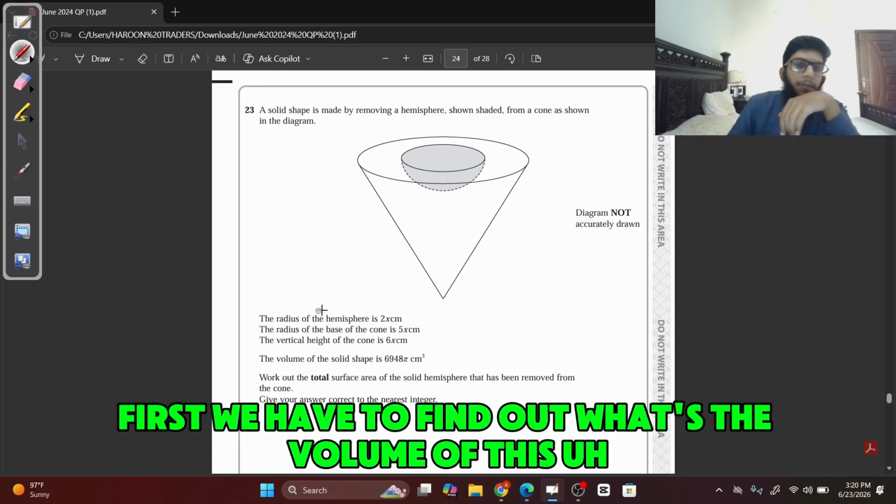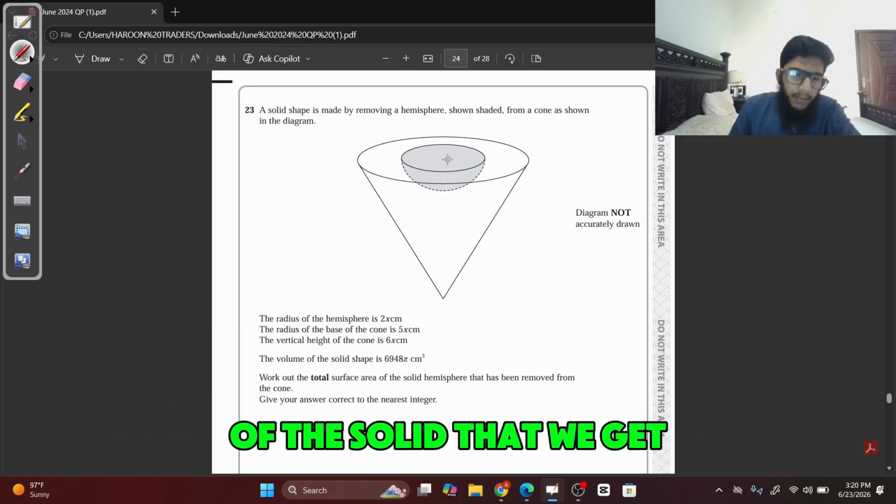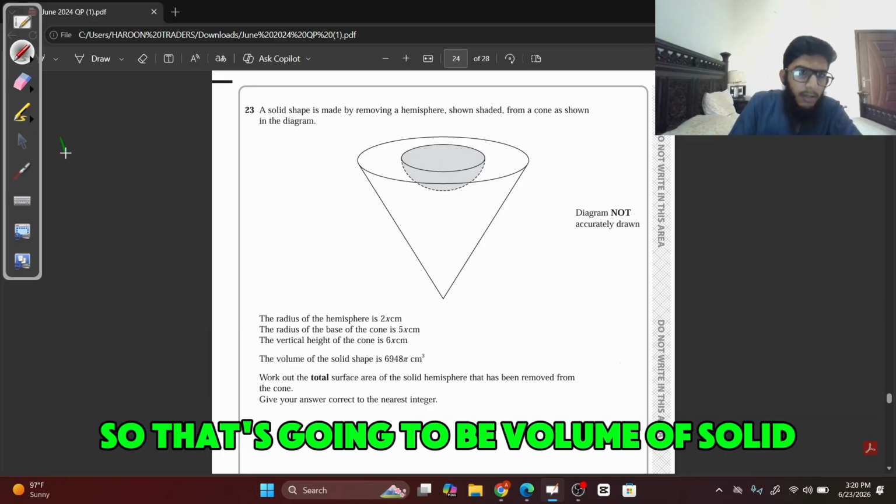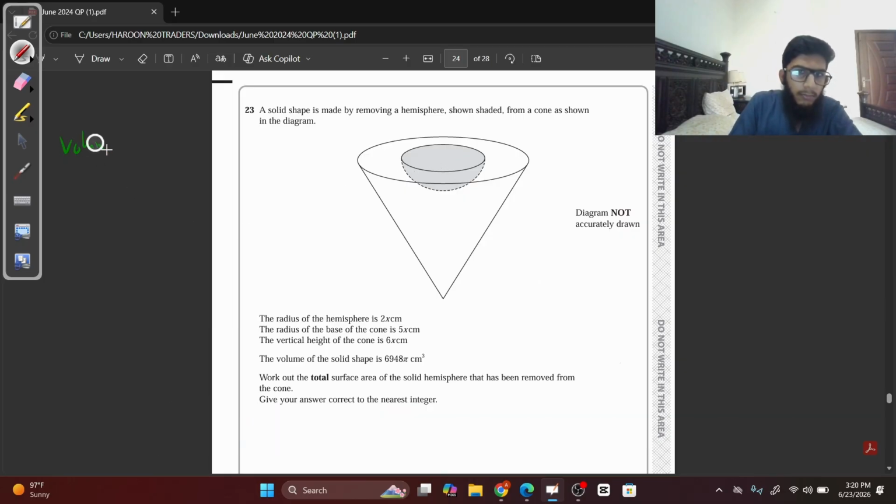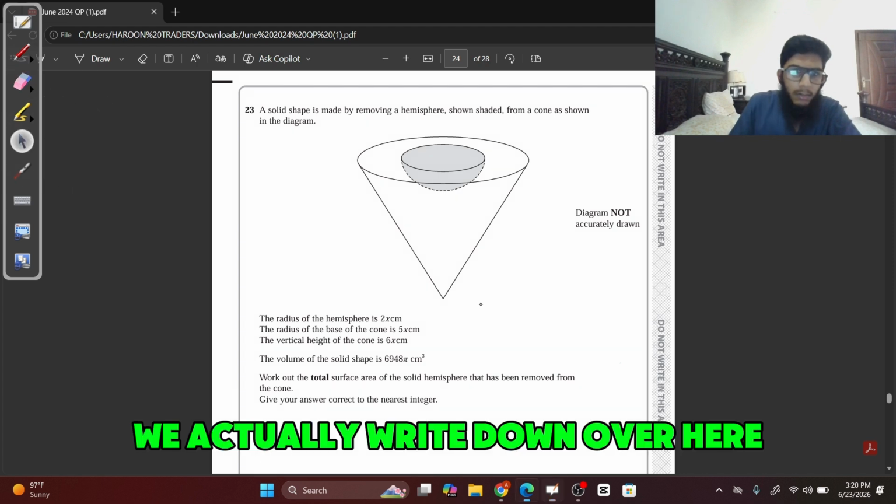Okay. First, you have to find out what's the volume of the solid that we get. So that's going to be volume of solid. We actually write it down over here.